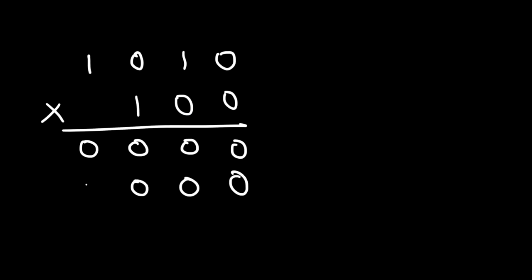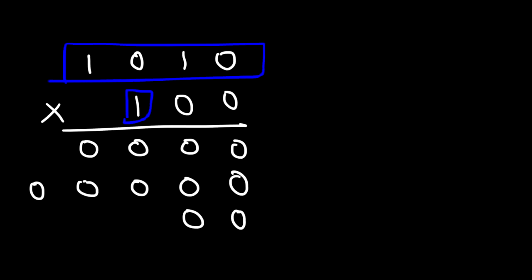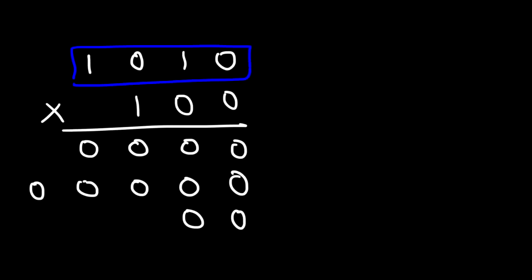Now to go to the next row, add 2 zeros, and then we're going to multiply 1 by the numbers that we see there. So we're going to get these 4 numbers. Writing it from right to left, it's going to be 0, 1, 0, 1. So make sure what you have here is the same.